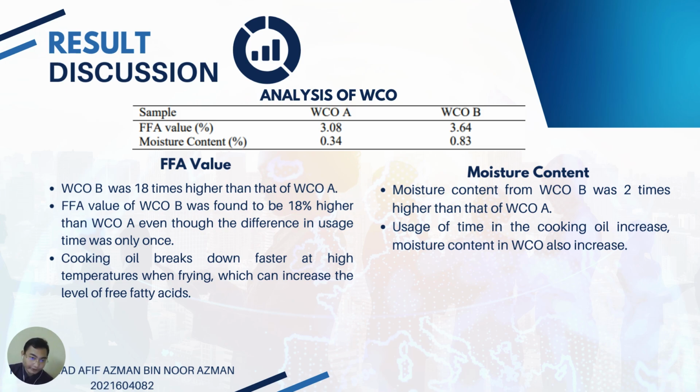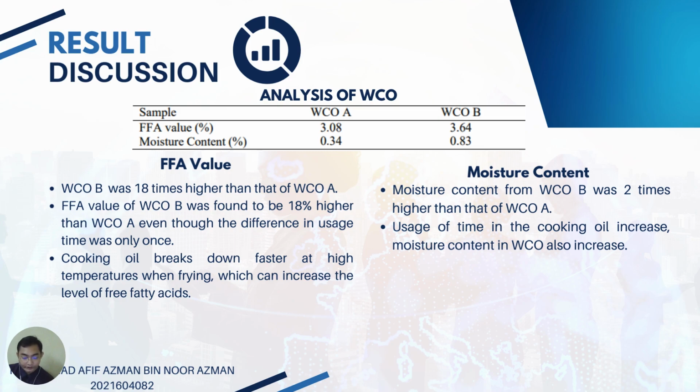In terms of moisture content, it was observed that the moisture content from both WCO is 2 to 4 times higher than that from FCO, which is fresh cooking oil. Comparing both WCO, the WCOB sample was 2 times higher than WCOA.